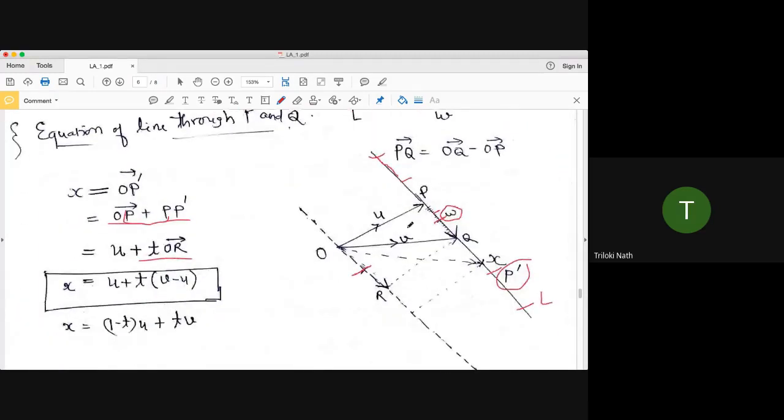So W vector, this PQ vector, is V minus U. Either way you say it, in terms of here or here, no matter. So ultimately this vector PP dash is T times W, T times V minus U. So I hope it is clear.